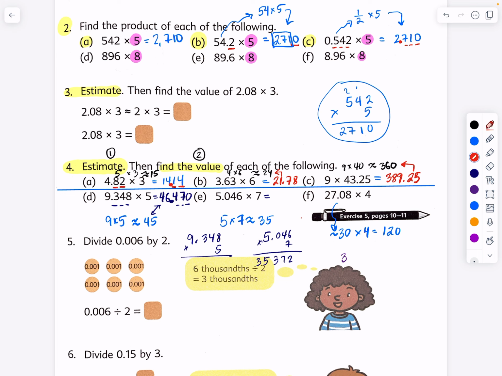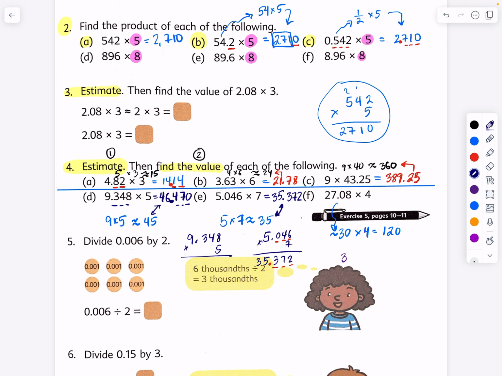Now notice, we must place the decimal point correctly. We have 3 decimal places in one of our factors. We must have 3 decimal places in the final product. So the answer is 35.372. And notice how close our answer is to the estimated product of 35.